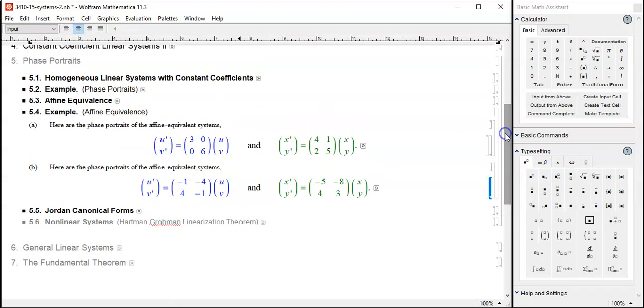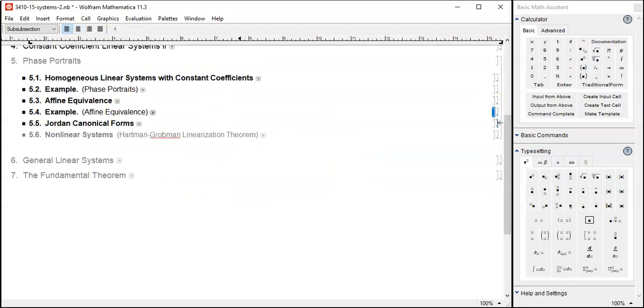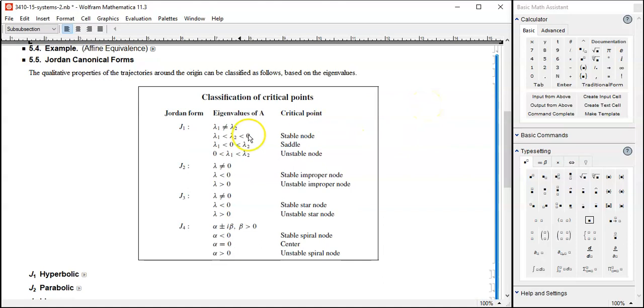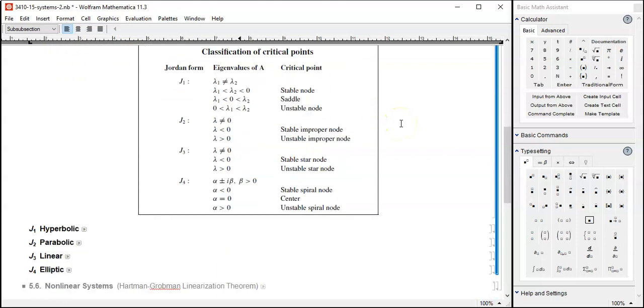Now, in terms of this affine equivalence, it is possible to classify the behavior of the first-order homogeneous linear ODEs, and that's called Jordan canonical forms, and it is done in terms of eigenvalues. If you have two different eigenvalues, or for higher dimension, the eigenvalues are all different, call it hyperbolic.